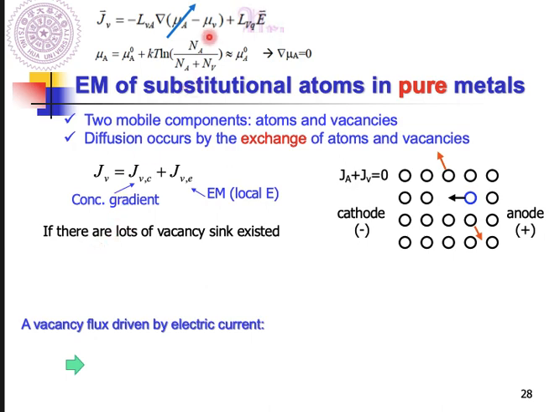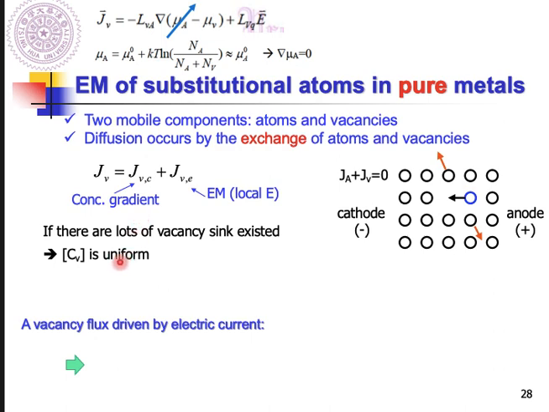Yes, based on calculation, we know that there's no chemical potential gradient of atom A. And another way to explain why the chemical potential gradient of A equals 0 is that in our systems this term equals 0, and there's no concentration gradient of the vacancy.